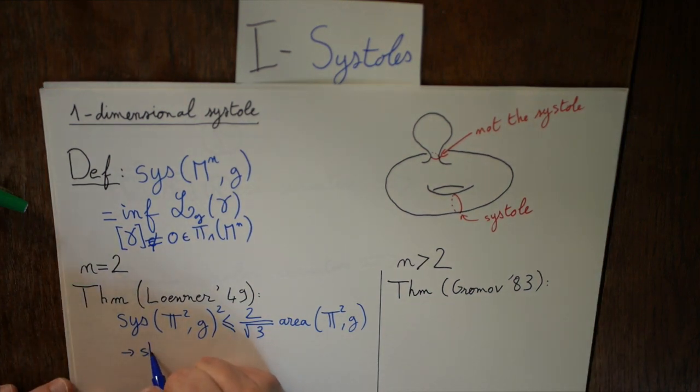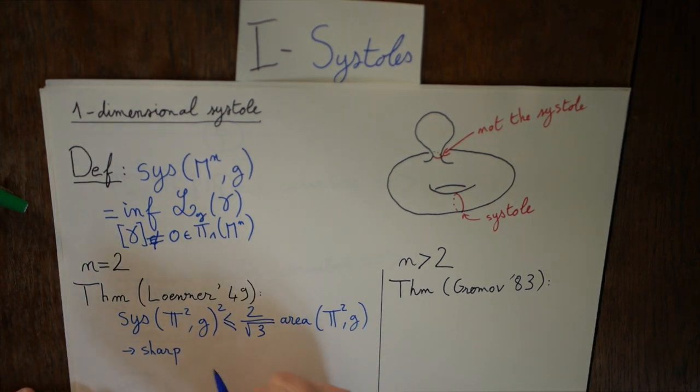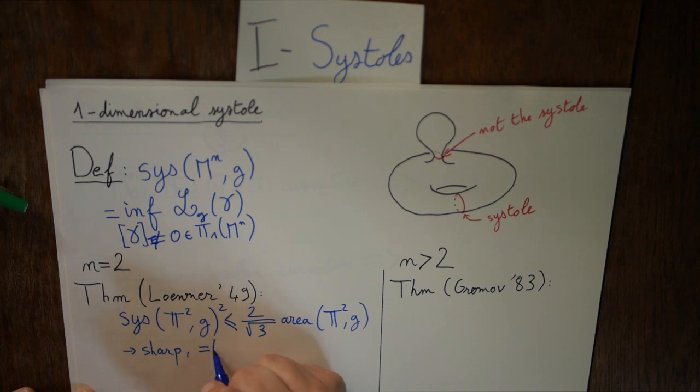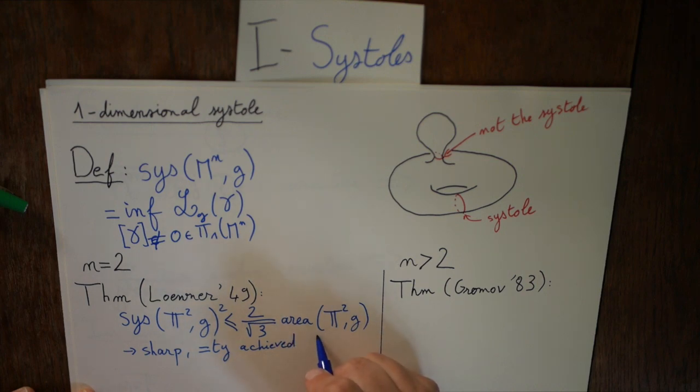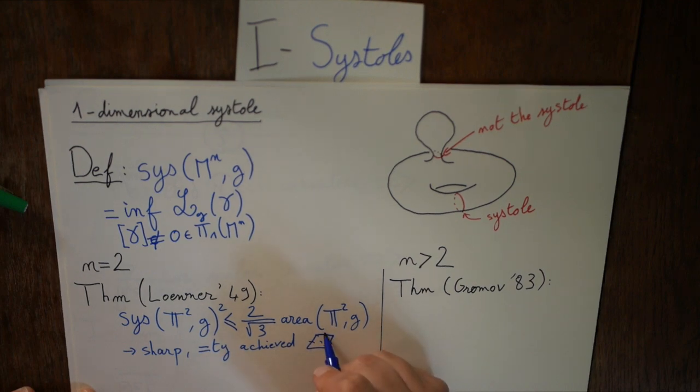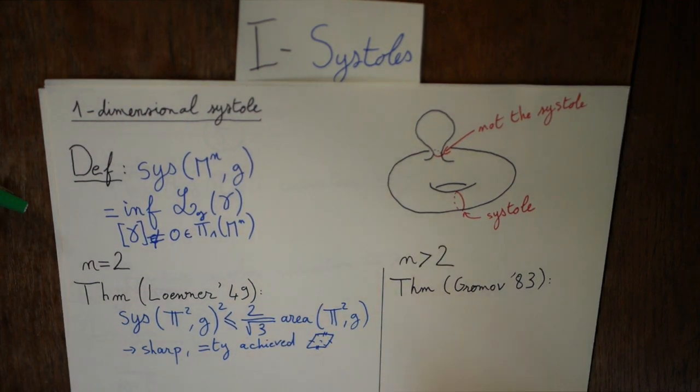And this is a sharp inequality. The equality is achieved for the flat torus coming from an equilateral lattice.